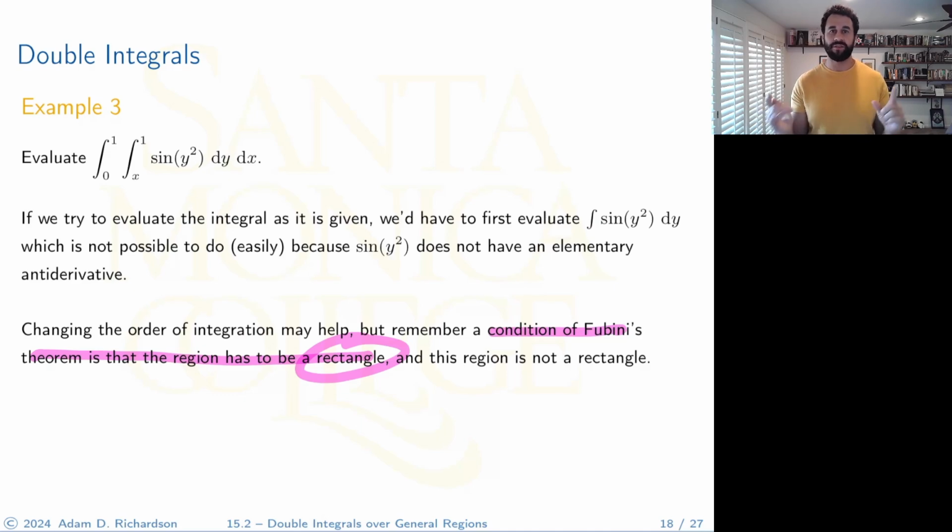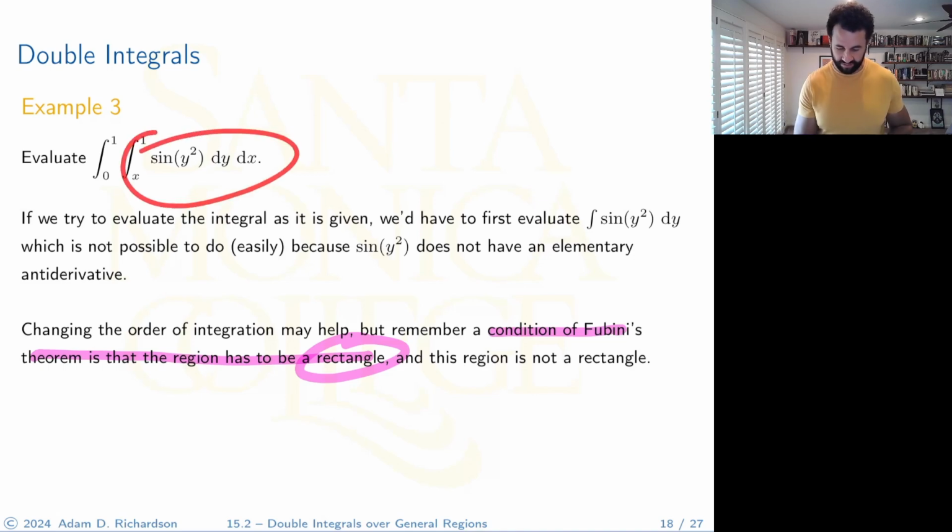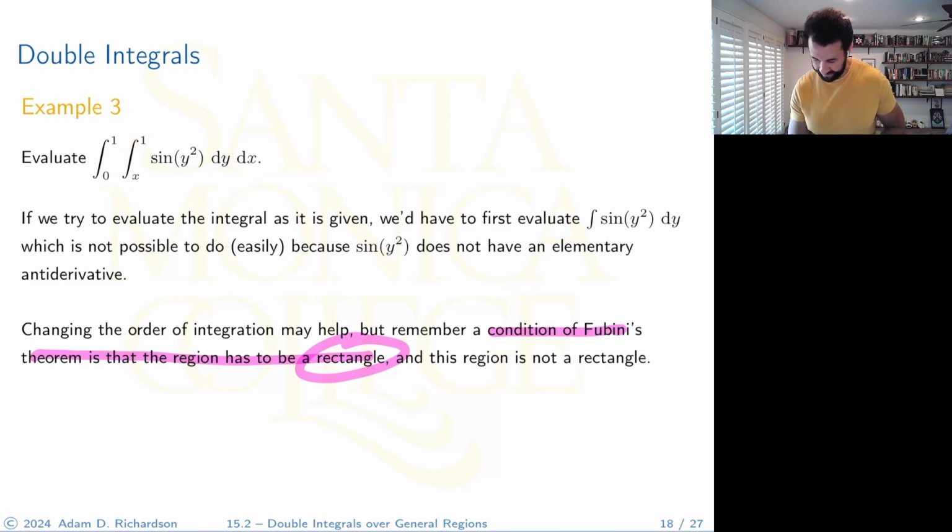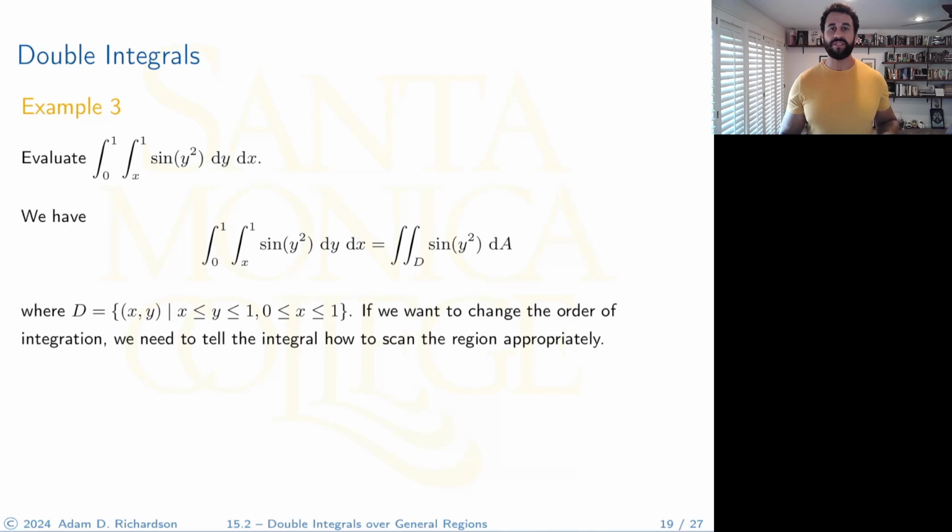It's not a rectangle, so that ability to just swap doesn't work anymore. And that's where things get a little bit subtle. If I want to change the order of integration, then I have to tell the integral to scan in a completely different way than it was going to scan in this scenario here. All right? So let's break things down into something a little more general first, and then let's take a look at the region and how we would want to scan it.